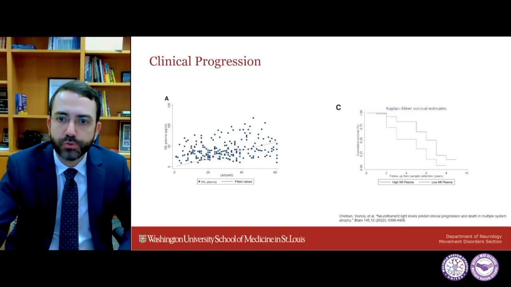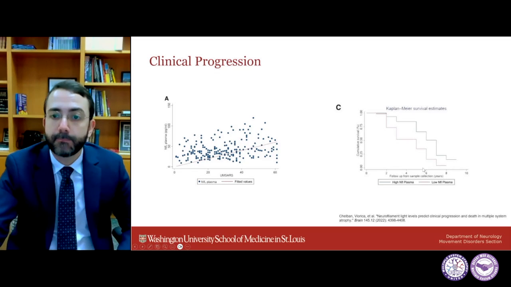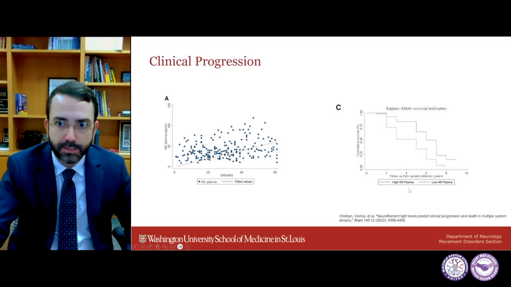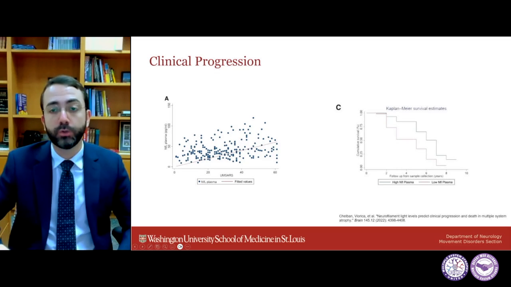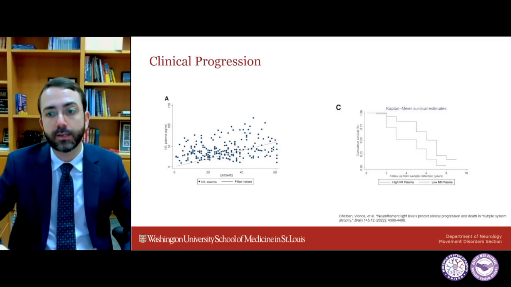Additionally, the authors also highlight the possibility that high levels of neurofilament light chain in the plasma can correlate with higher mortality as compared to those patients who had a low level of neurofilament light chain in the plasma.